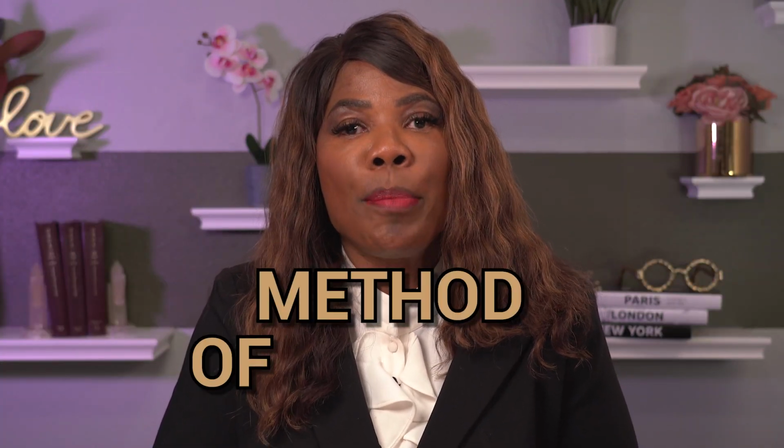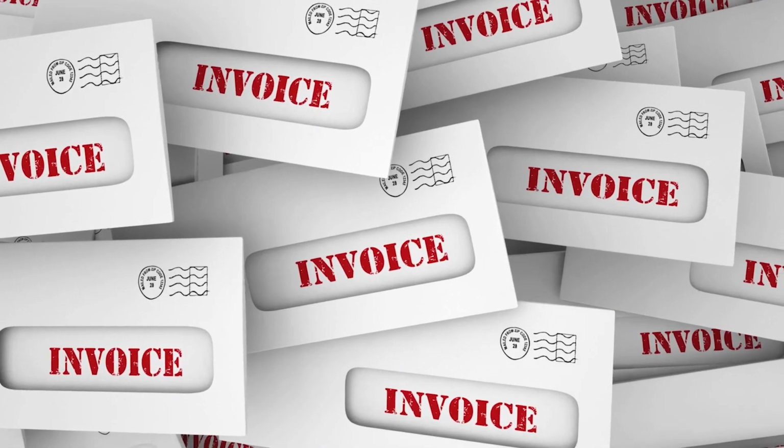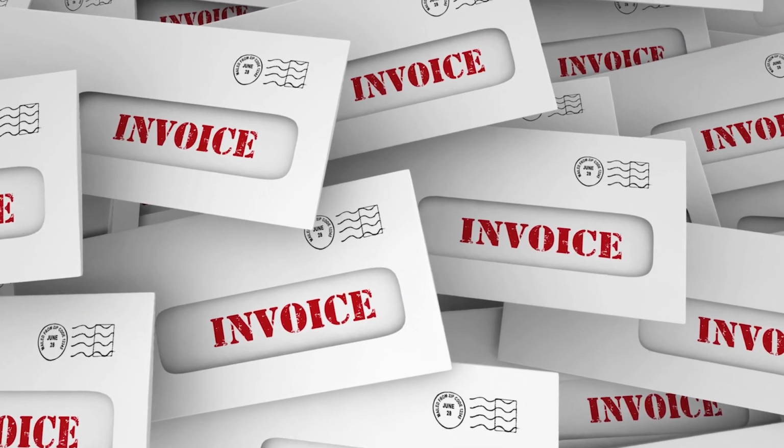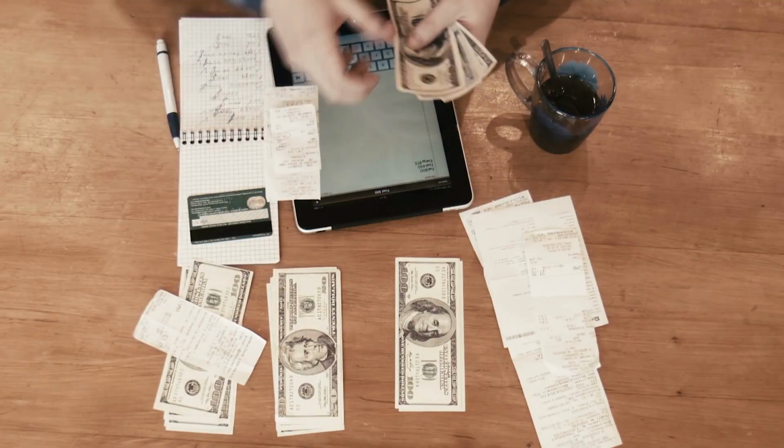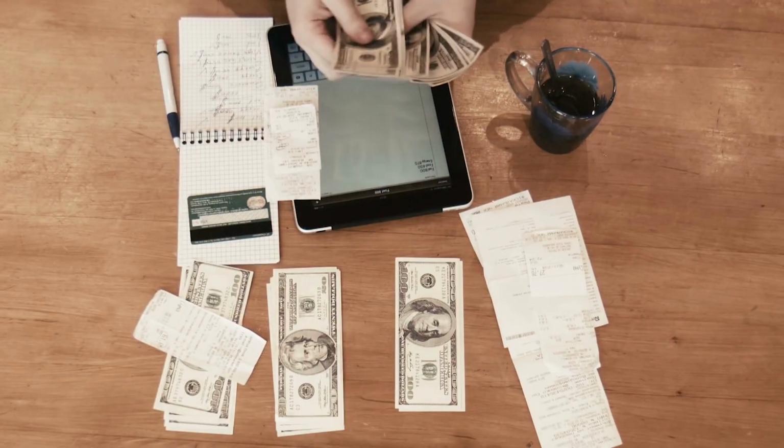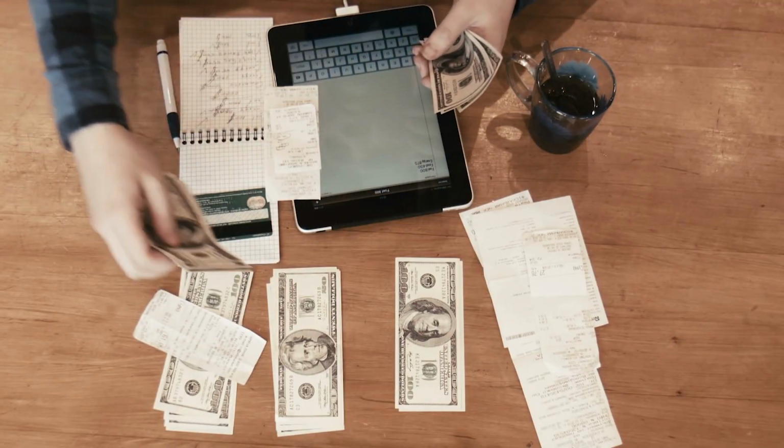In order to take a tax deduction for any type of expense, you need to have 3 things in place. The very first thing that you need to have in place is the method of payment. Well, we know the method of payment is via the third-party payment app, but you also need to have an invoice associated with that payment that states why you were transacting that business.